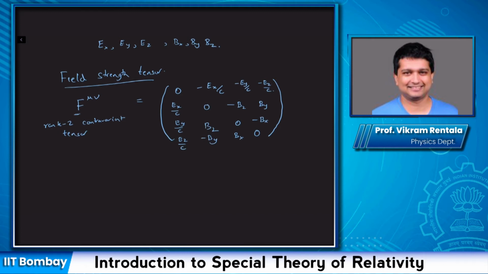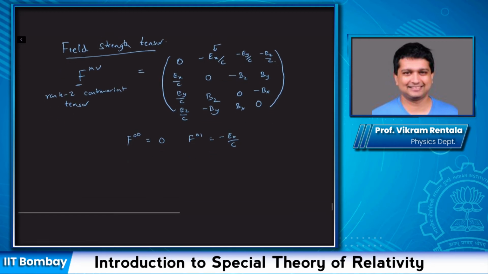What that means is if I take F00, this is 0. If I take F01, that would correspond to this entry, which would be minus Ex by c, and so on. And the other thing that you'll see about this tensor is it's an anti-symmetric tensor.